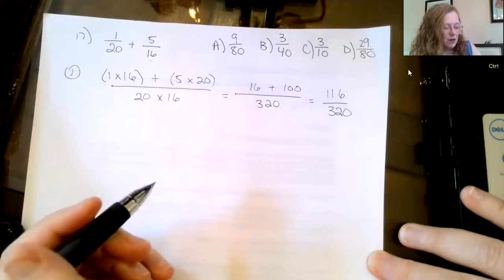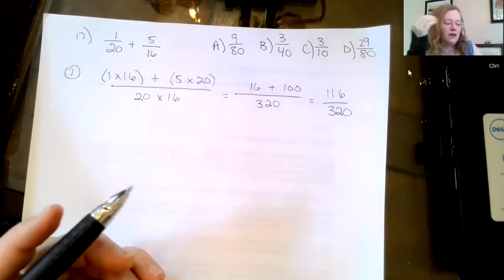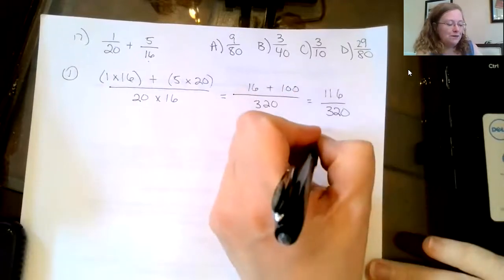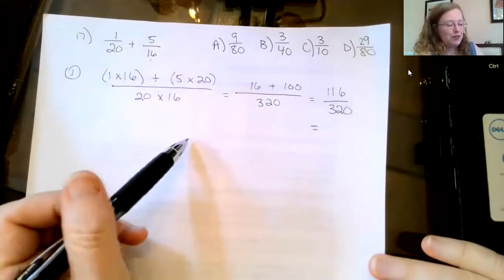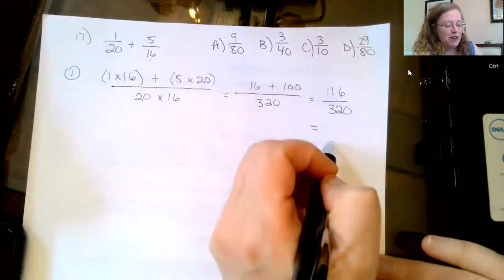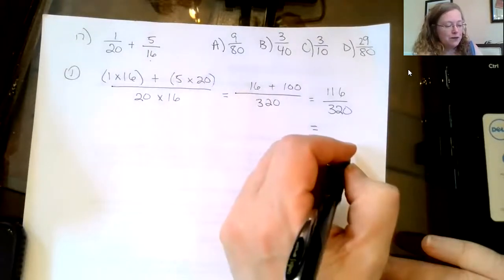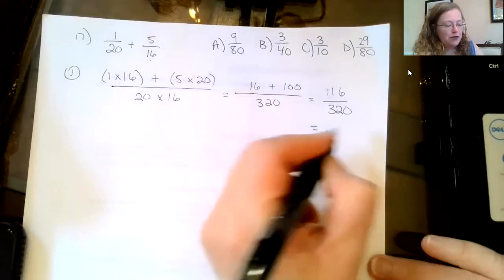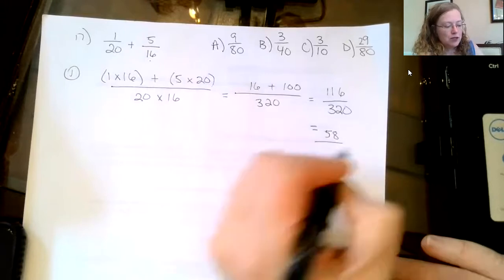And at this point, I'm trying to think of what might go into both of them. This is the part I find time consuming. And granted, we could have gotten the least common denominator for those, and that can make this step easier. If I divide it by 2, then I have 58 over 160.